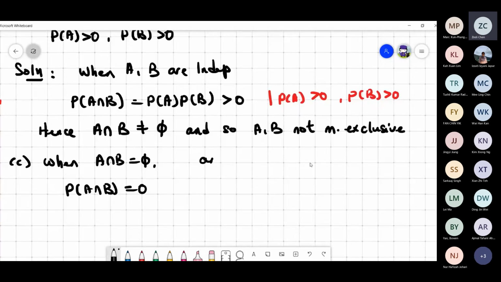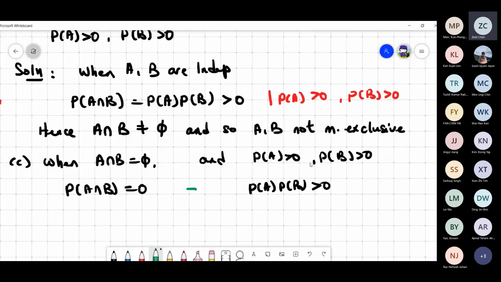Also, when P(A) greater than 0 and P(B) greater than 0, P(A) multiplying P(B) must be greater than 0. So that means these two cannot be the same. The left-hand side cannot be equal to the right-hand side. So then hence there cannot be independence.